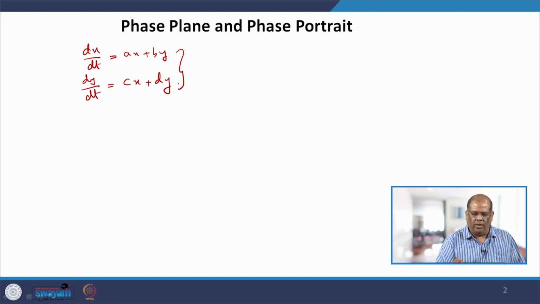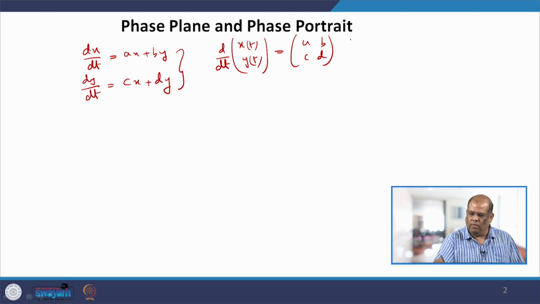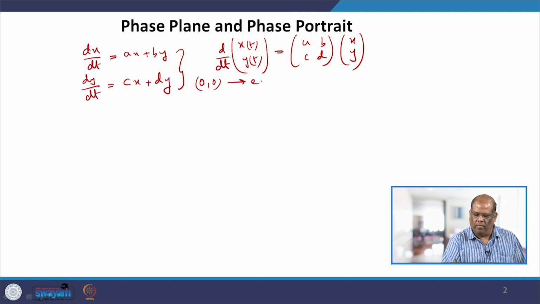If I write them in the matrix form, I will be getting d/dt of (x, y) equal to the matrix a, b, c and d times (x, y). And clearly 0, 0 is the equilibrium point here.